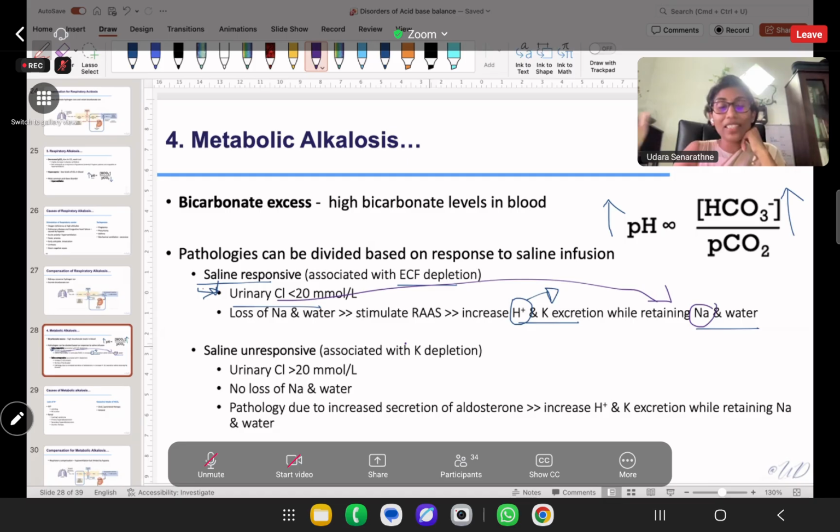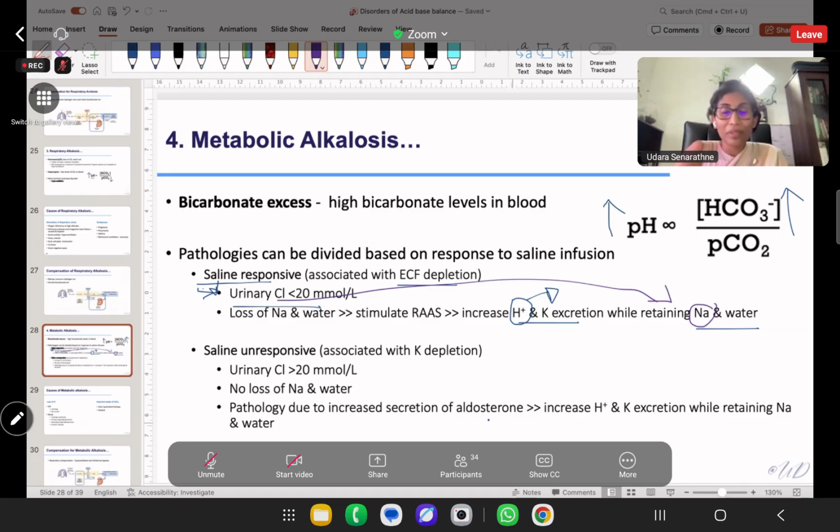If the condition is saline unresponsive, it would be associated with potassium depletion, and urinary chloride would be more than 20, because the reason is not loss of sodium and water.